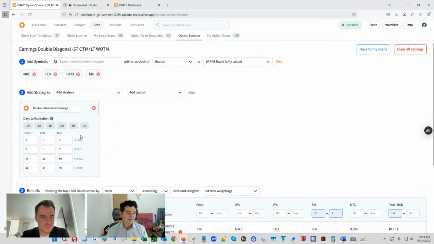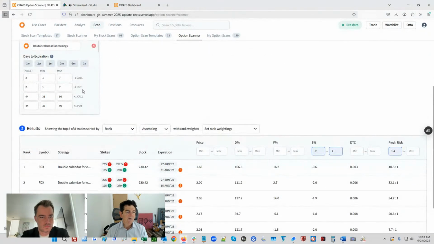But I want to find double calendars. There's often a pronounced skew in the front months versus the back months, and sometimes they get it wrong. They pronounce it too much, and then we'll see it in our forecast, or I like to look at the forecast.